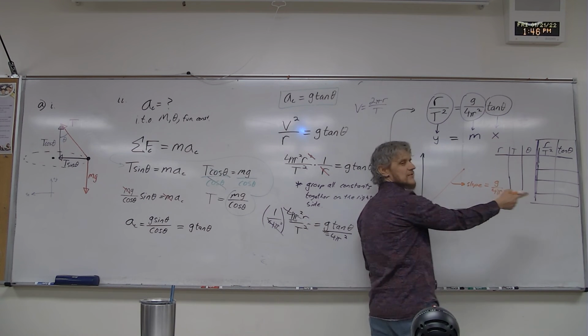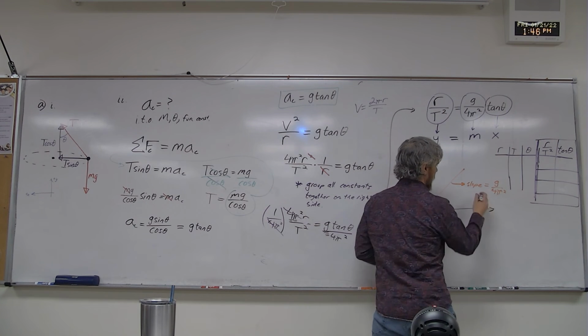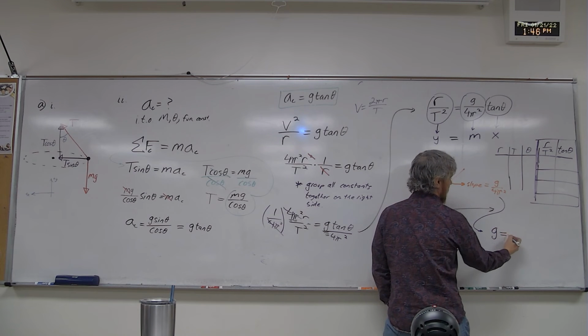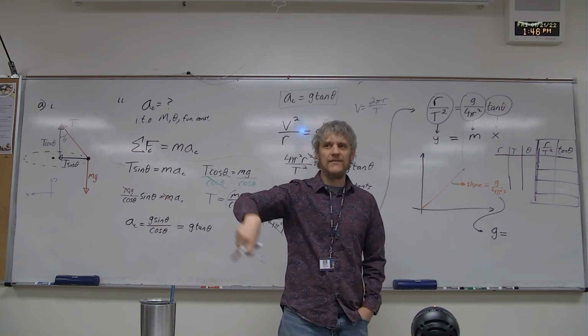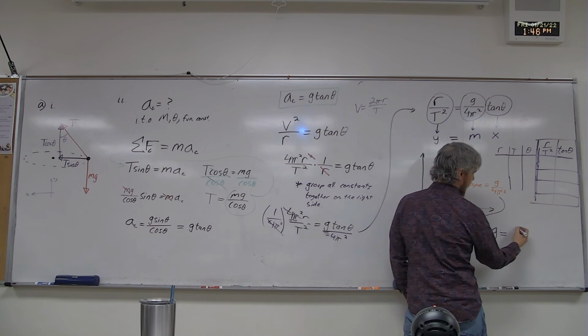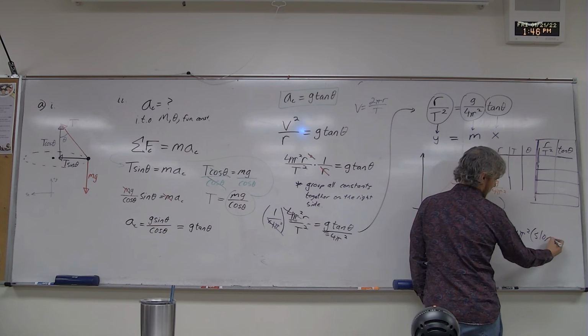I multiply both sides by 4 pi squared. So using that, I do this for several different iterations, right? Several different speeds, and I determine that g is 4 pi squared times whatever the value of that slope is.